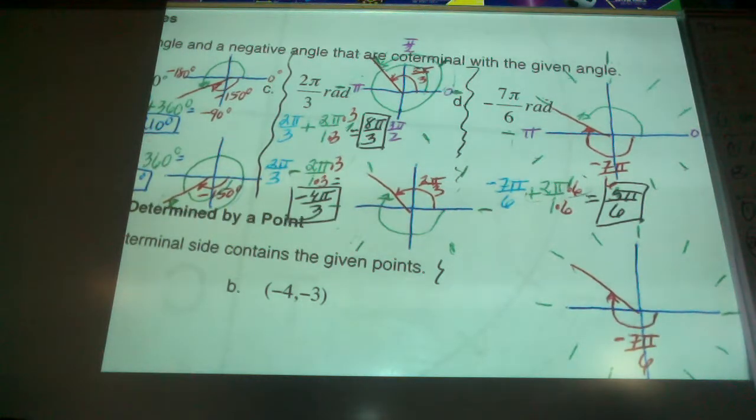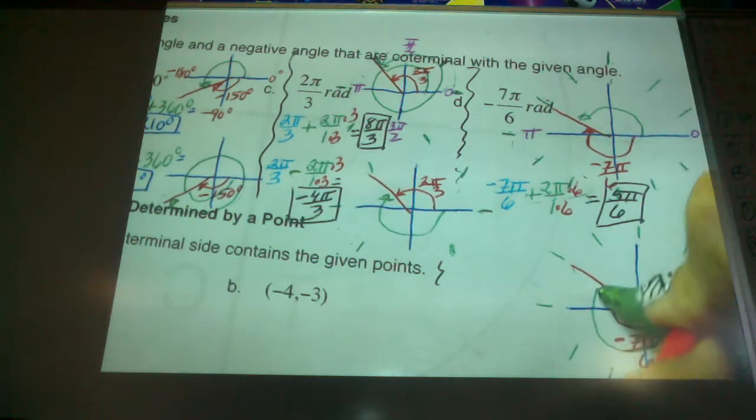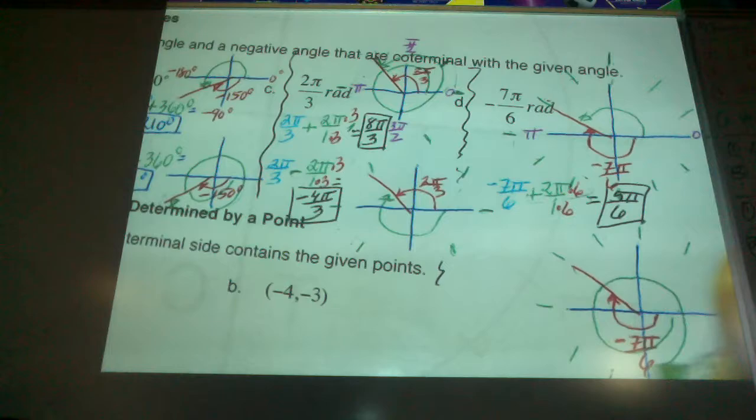So 6 and 6. So this time we're going negatively. So I want to still start at the terminal side, but I'm going to go in the negative direction. Well, if I go from here to here, isn't that still negative 7 pi over 6? Right? So I have to go a full another revolution right there.